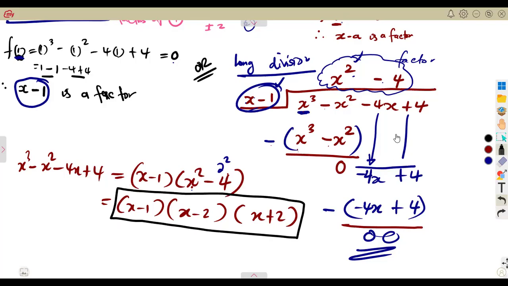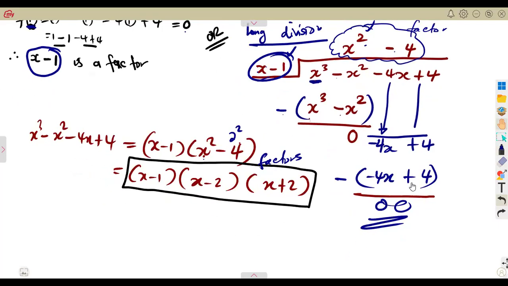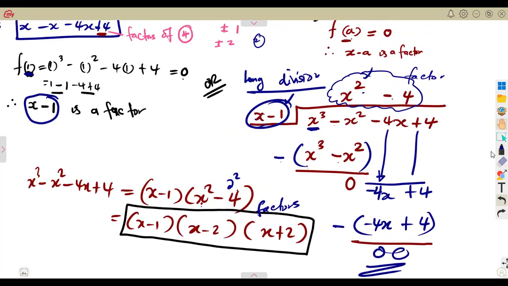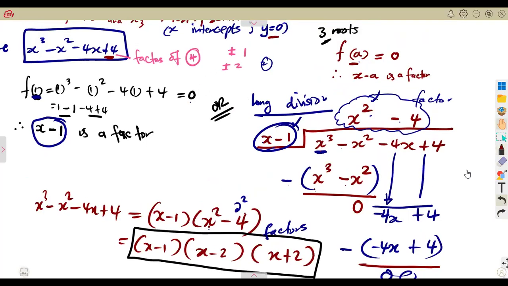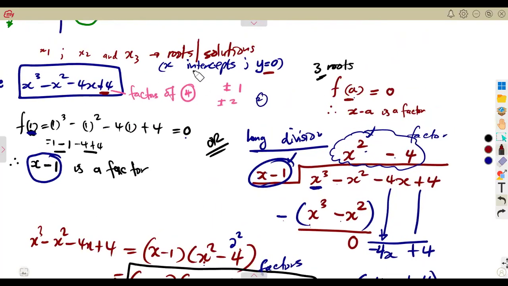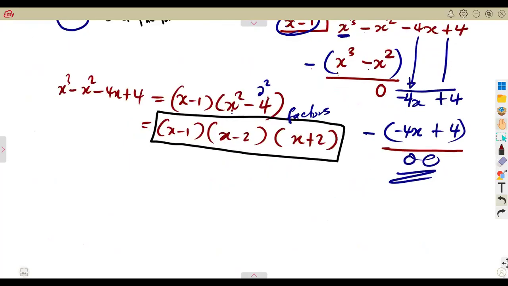But we are not looking for the factors, guys. These are factors, not solutions. So we need the solutions now, the roots. So what will be the roots? The condition for the roots, just like the previous case, which are the x values or the x-intercepts or the solutions, is that y is supposed to be equal to 0. And y is the function, this x cubed and so on that we are seeing; that is our y.